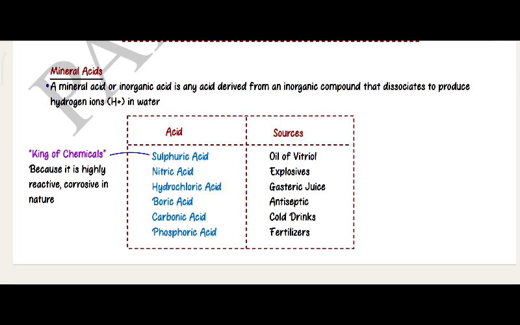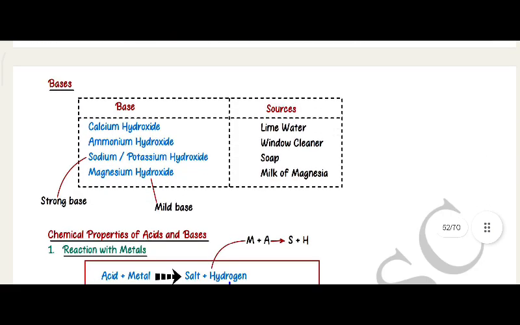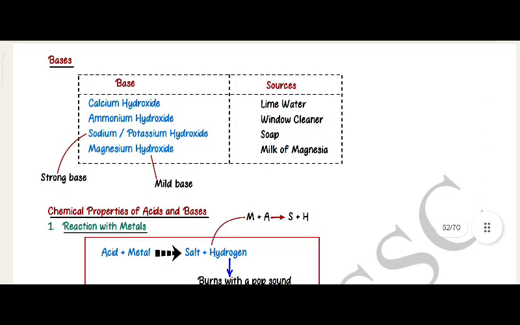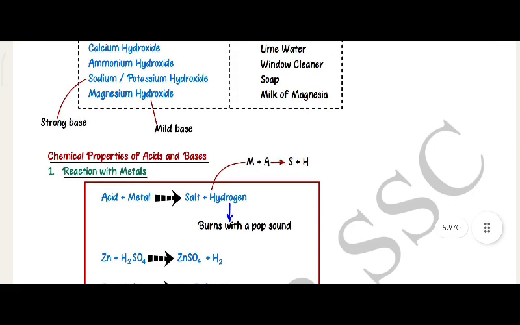Hydrochloric acid, gastric juice. Boric acid, antiseptic. Carbonic acid, cold drinks. Phosphoric acid, fertilizers. Bases and their sources: calcium hydroxide, lime water; ammonium hydroxide, window cleaner; sodium or potassium hydroxide, strong base, soap; magnesium hydroxide, mild base, milk of magnesia.